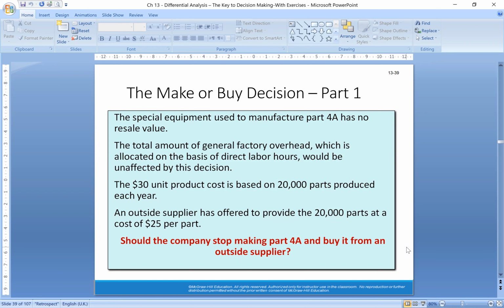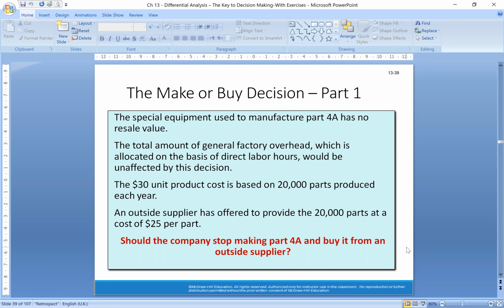If you remember the word relevant or irrelevant, I said relevant information is the information that differs between the alternatives. If we have the same costs in choice 1 or choice 2, this information will be irrelevant and should be avoided in my decision.